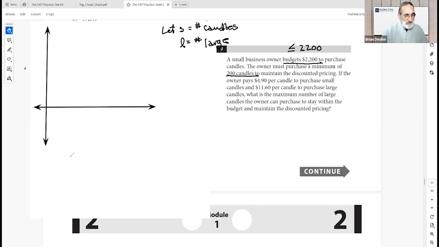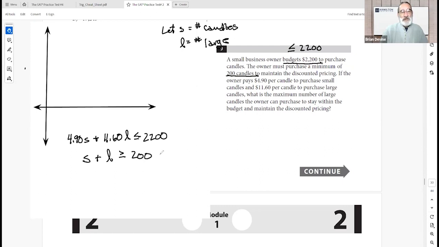In effect, what they told us is that if we pay $4.90 for every small candle and $11.60 for every large candle, the money has got to be less than the budget of $2,200. And I know for a fact that if I take the number of smalls and add the number of larges, to keep the discount, this has got to be greater than or equal to 200.